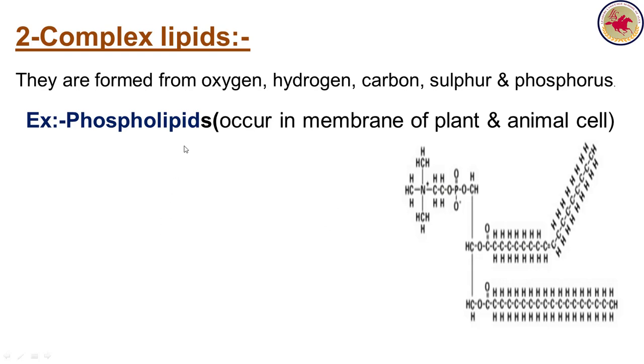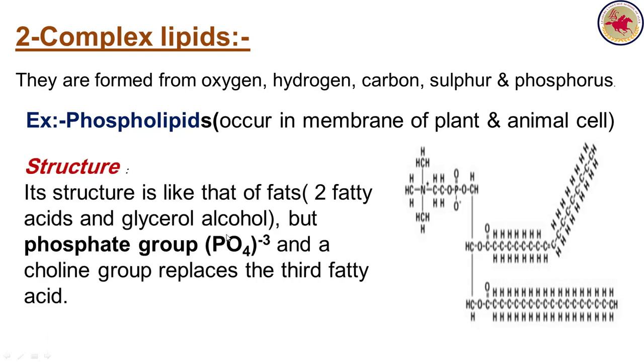Phospholipid is present in cell membrane or plasma membrane. It's the membrane that surrounds the animal cell, representing the first membrane, or in plant cell the second membrane, so it is present in both animal and plant cells. The structure consists of two fatty acids, and instead of the third one, a phosphate group and choline group.